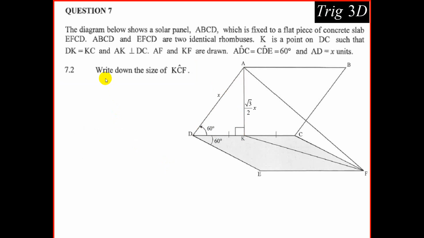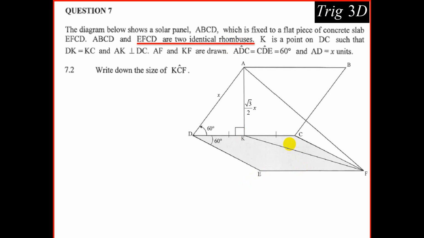Moving on, the next question says write down the size of KCF. Now, on the top, you will notice they tell us that EFCD are two identical rhombuses. So the point we're interested in, that EFCD is a rhombus.